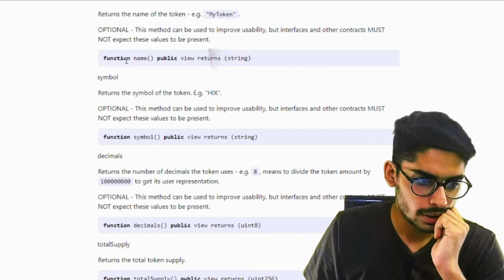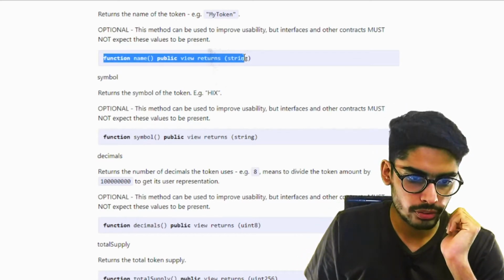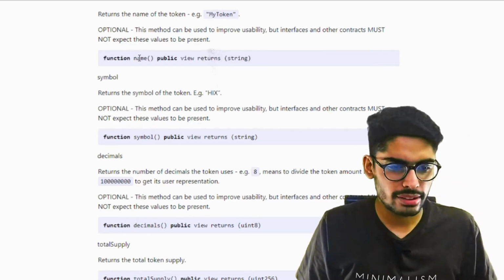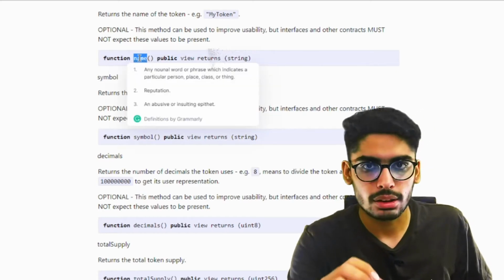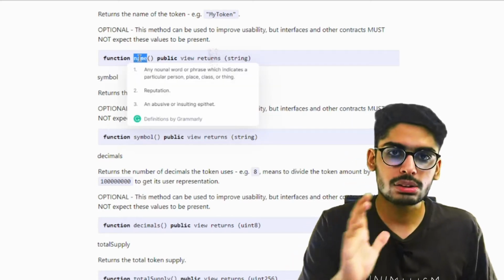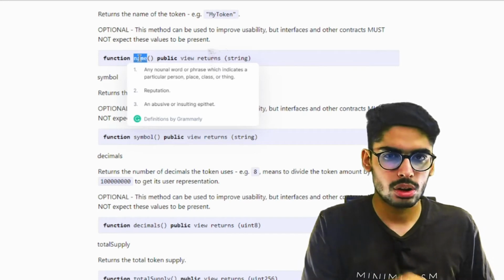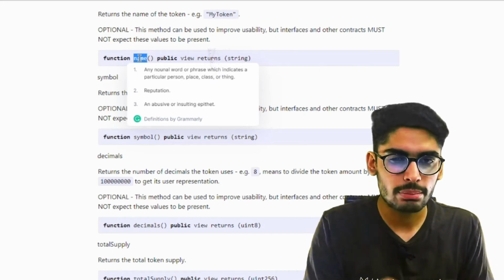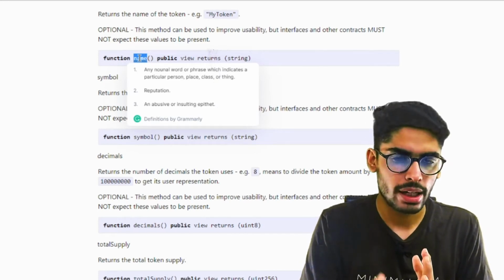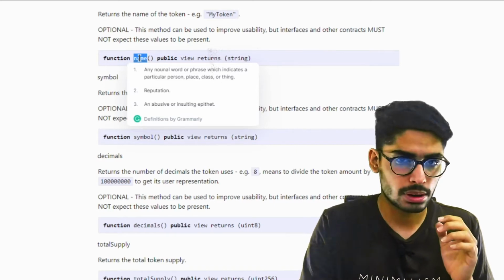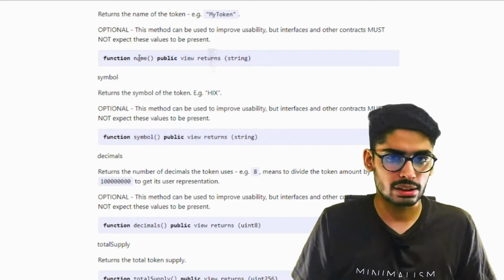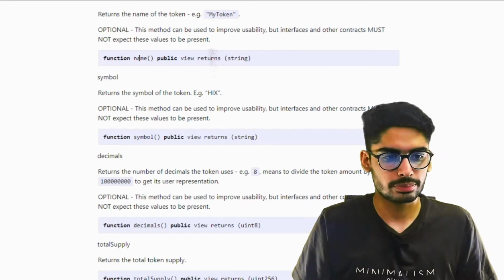So first of all, there is a function called name. Leave the syntax aside. We will code our cryptocurrency in the Solidity language. Don't worry, Solidity is very similar to JavaScript and C++, so it's not an issue, a very easy language.